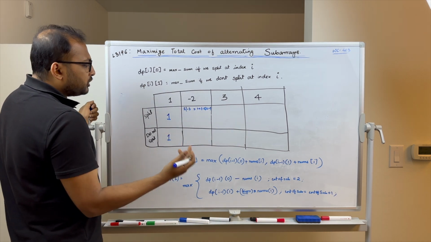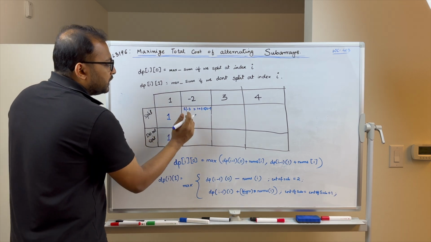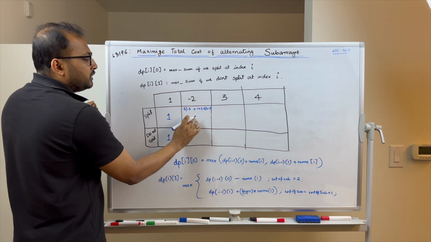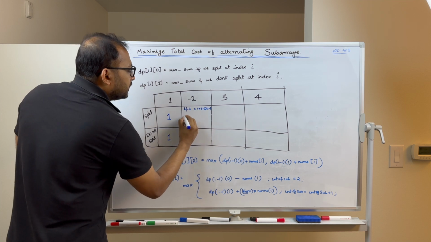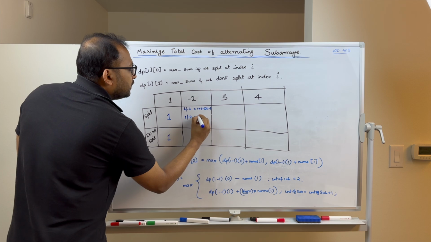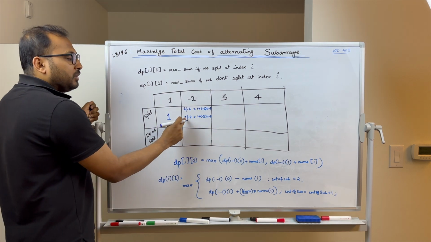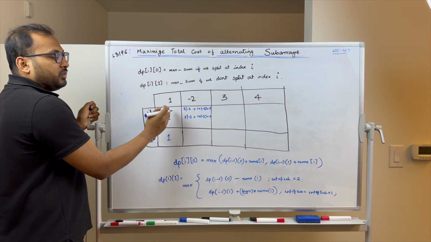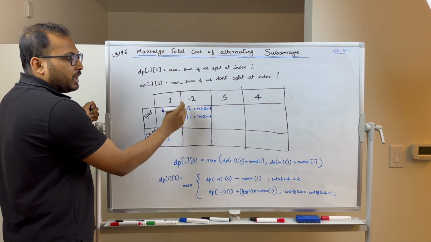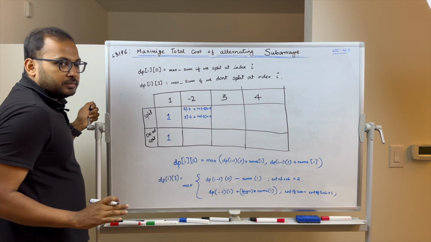Another possibility is we take whatever we got without the split, and we perform a split here, because we have to perform a split for this value. So again we get 1 plus -2, which is -1. In both cases we got -1.